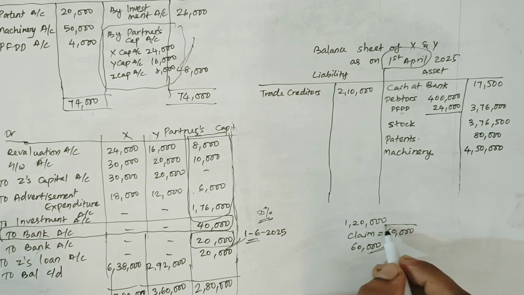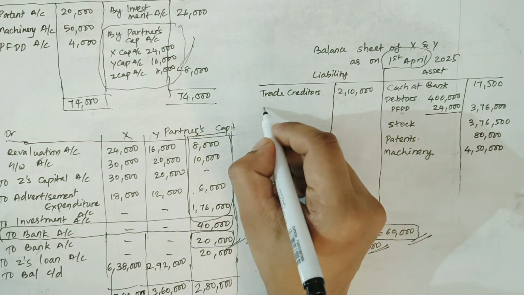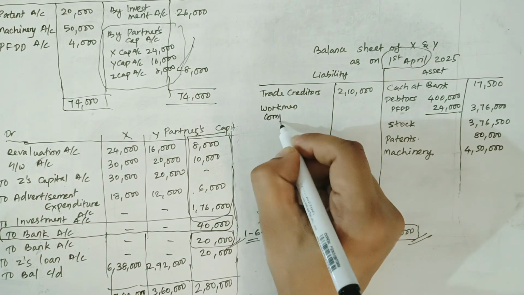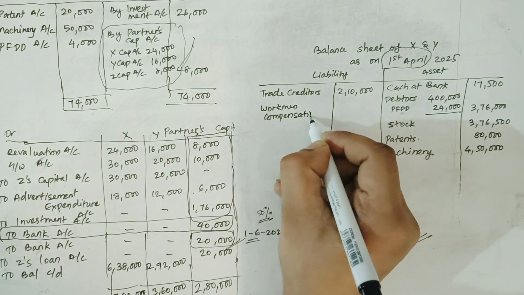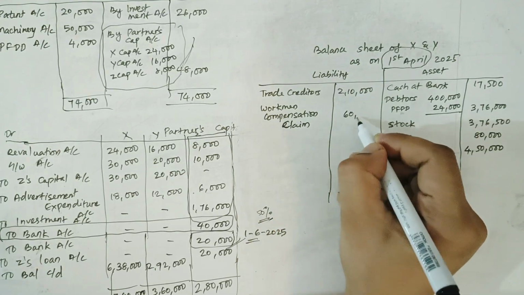So what should be recorded in the new balance sheet is the claim. A workman's compensation claim is a liability, so it has to be posted on the new balance sheet: 60,000.